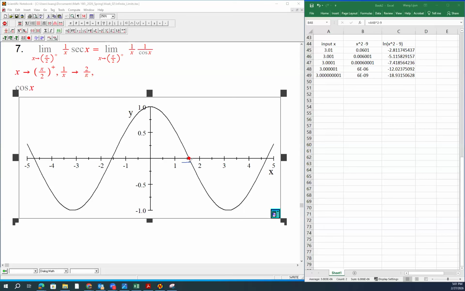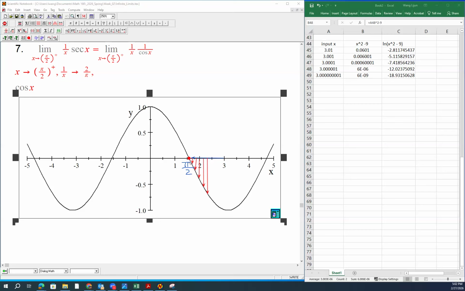So this number is pi over 2, and the input is approaching pi over 2 from larger than pi over 2. And what will be the output? The output you can see is getting closer and closer to 0.